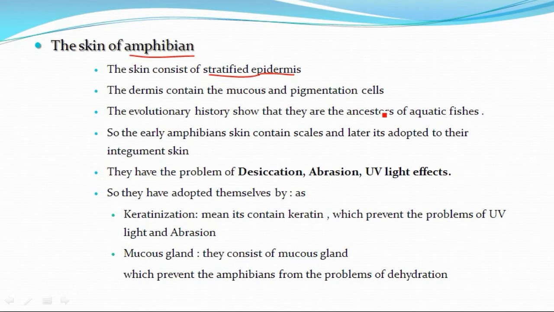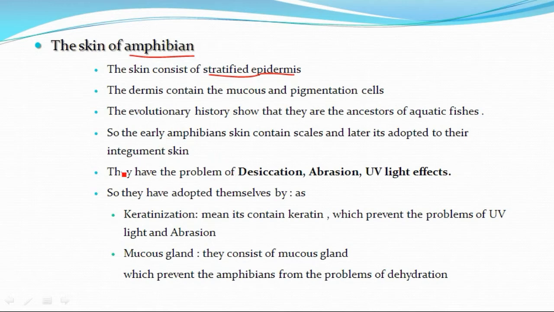So the early amphibian skin contained scales, and later it adapted to an integumentary skin, meaning that, as in the fishes, they had scales present on their body. Later they adapted, and they had a problem.